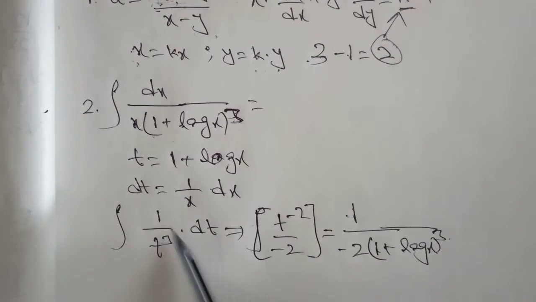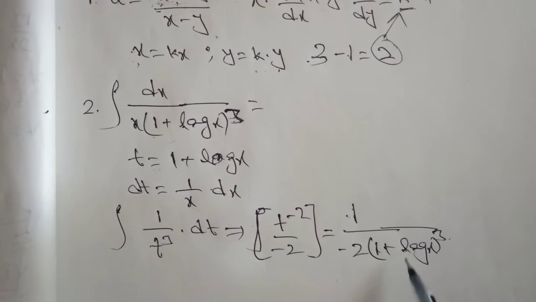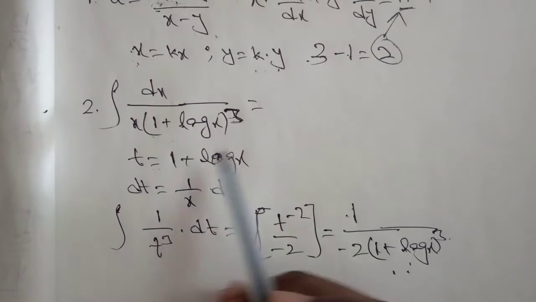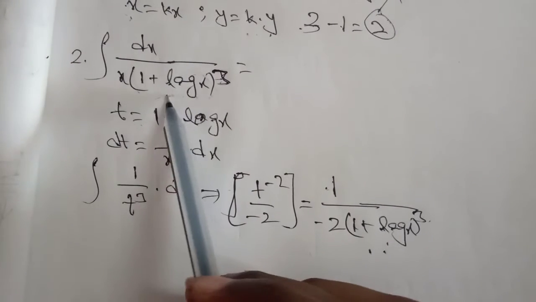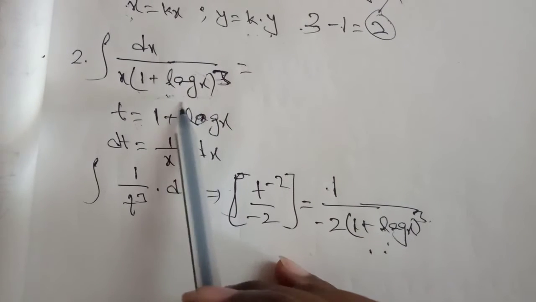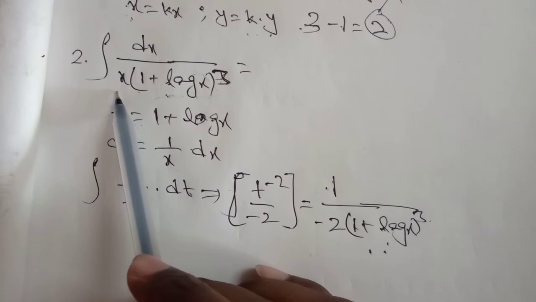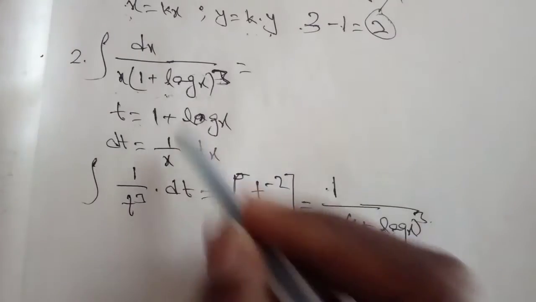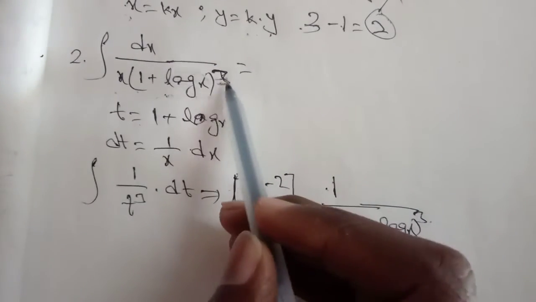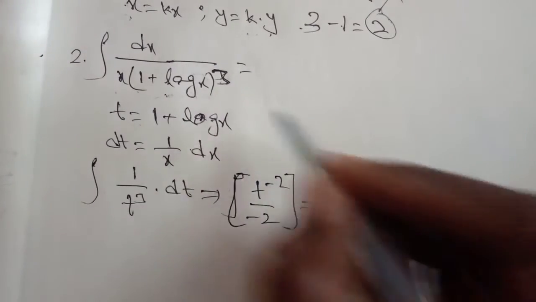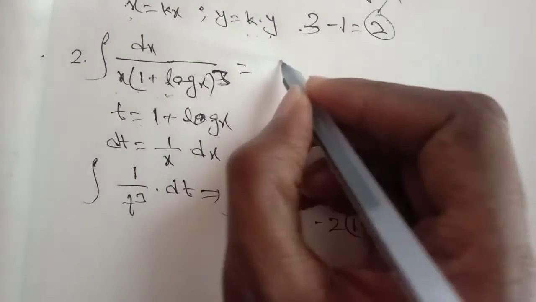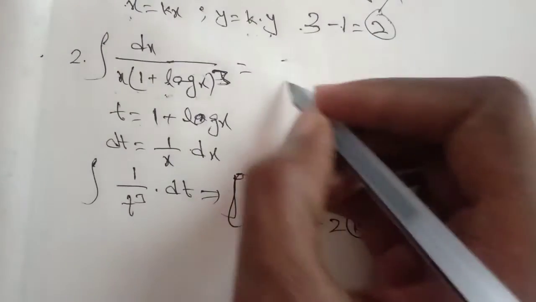So this is a very lengthy method from the exam point of view, the EAMCET point of view. See the problem: he gave log x in the brackets. The differentiation of log x is 1 by x, as you know, and here the power is 3. So directly you can write using the formula.